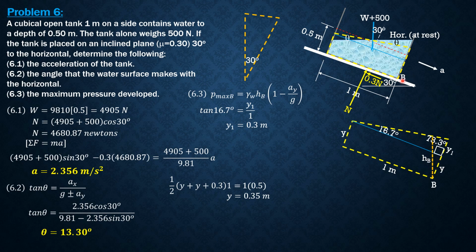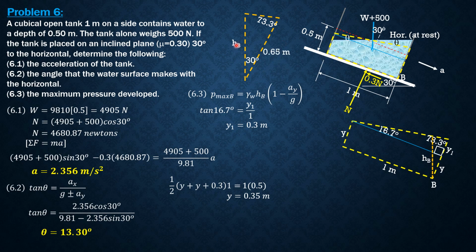Again, this angle is 30 degrees. The angle between the vertical and this normal here is 30 degrees. Then this is 73.3 degrees. Therefore, the measure of this angle is 180 minus 30 minus 73.3, and that is 76.7.